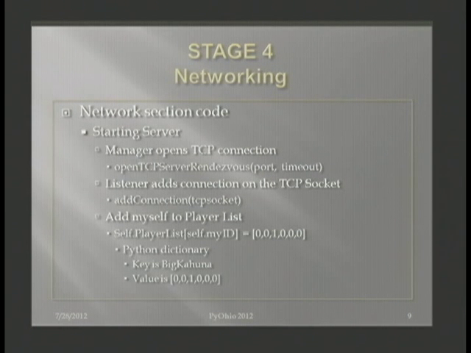So we start at X is 0, Y is 0, Z slightly elevated in the Z axis, and the HPR is 0, 0, 0, so no realignment of the orientation. And below that is again stating that it's a Python dictionary, the key is the ID, in my case, the big kahuna for the server, and the values are those 6 floating point values that determine the placement and orientation.